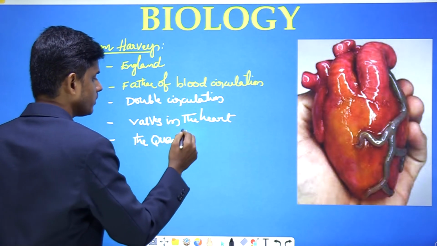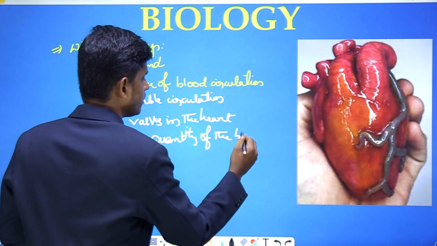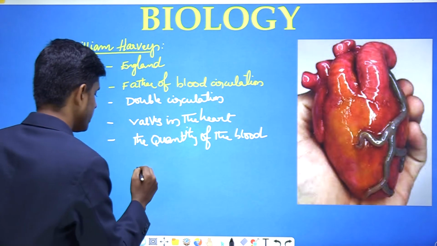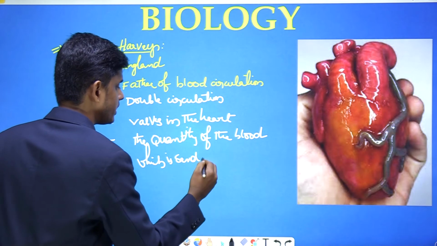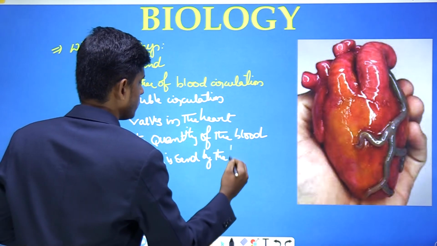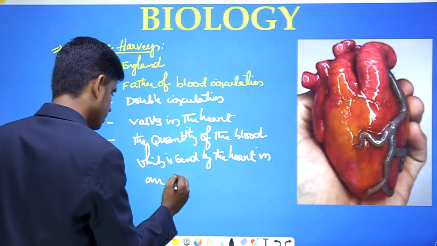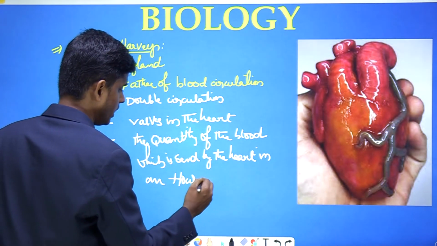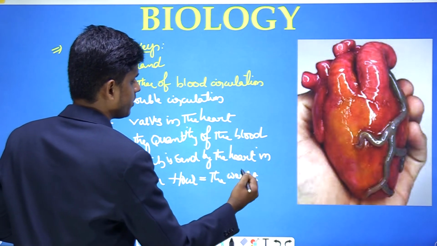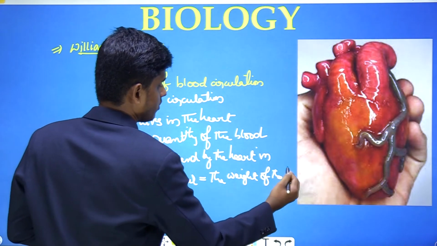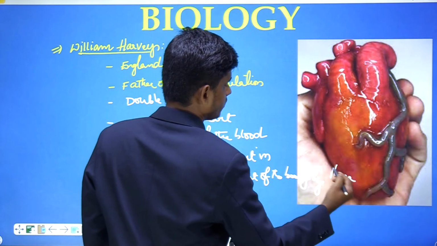He also explained that the quantity of blood sent by the heart in an hour is equal to the weight of the body three times.